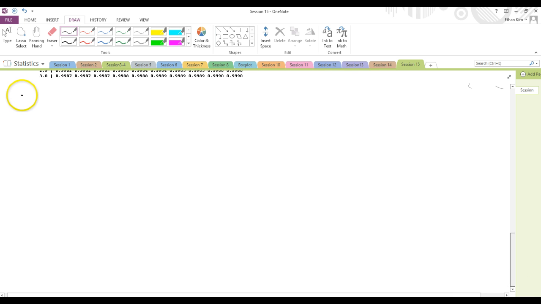So say that x is normally distributed with mean of 60 and standard deviation of 4. Okay, and we are looking for the 60th percentile.